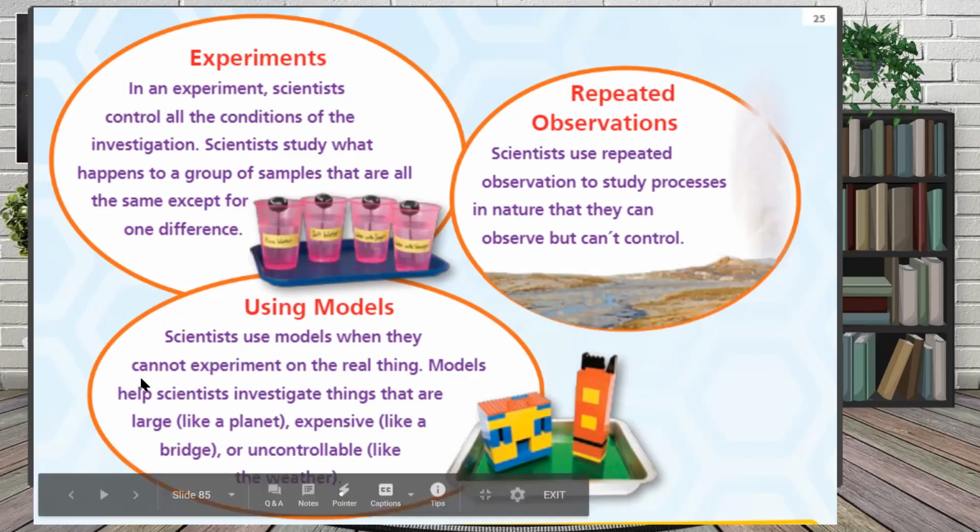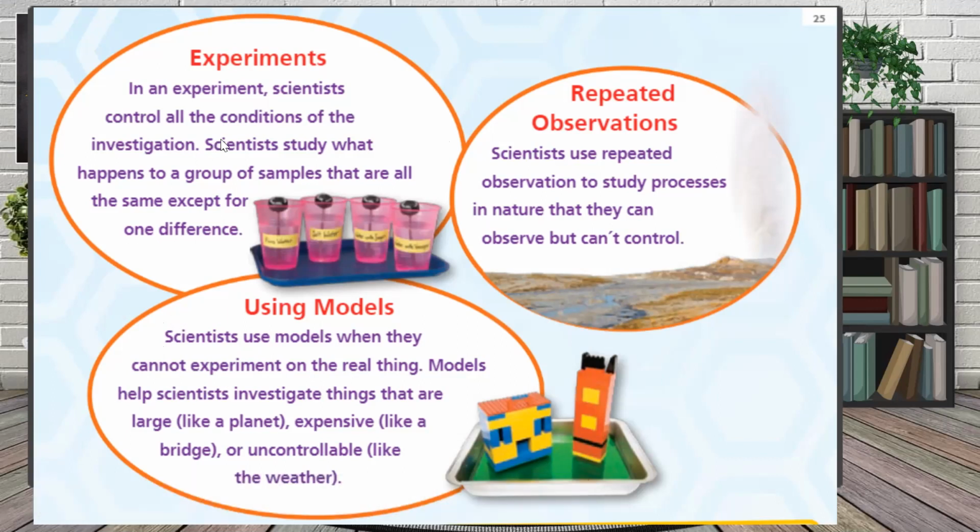So models help scientists investigate things that are large, like a planet, expensive, like a bridge, or uncontrollable, like the weather. As Tala Kassar from the beginning told us, repeated observations mean that we cannot control things, but we can make models. So she already gave me the solution for this problem.